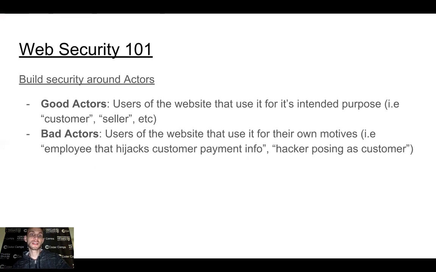A good actor would be someone like a user of the website that uses it for its intended purpose, like a customer or a seller. And then a bad actor would be someone who uses the website for other than its intended purpose, maybe an employee that hijacks customer payment info, or a hacker posing as a customer, those kinds of things. If you think of that aspect, it's a little easier to build your security as you build your app out.